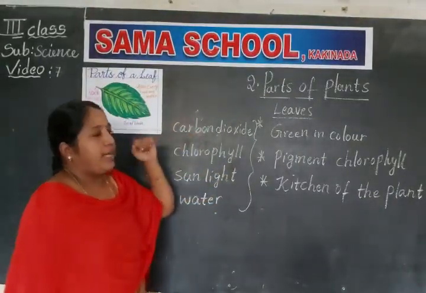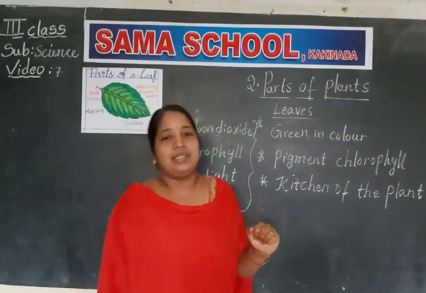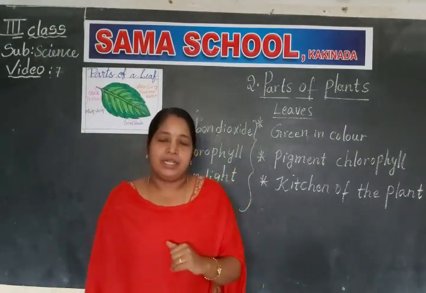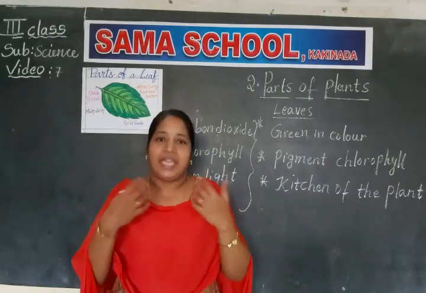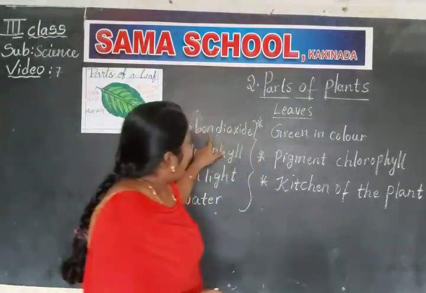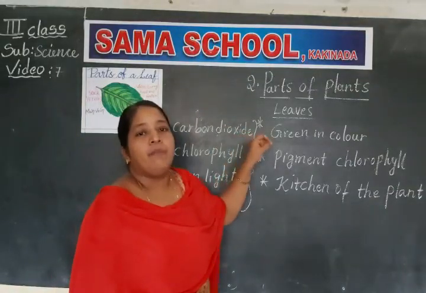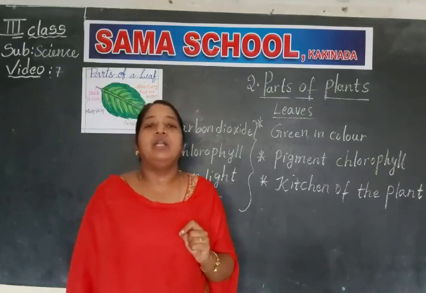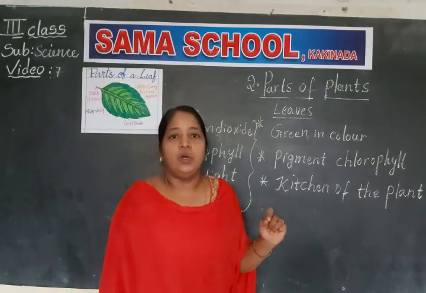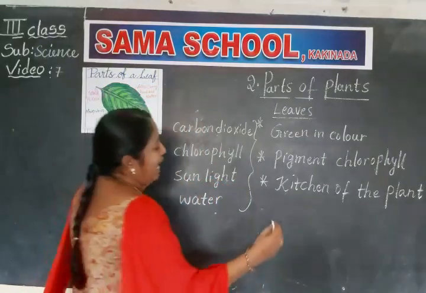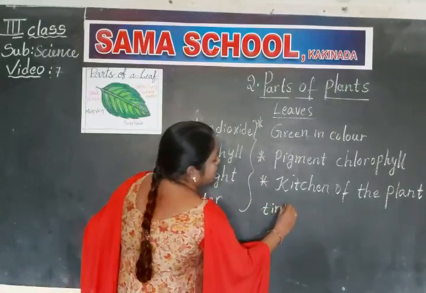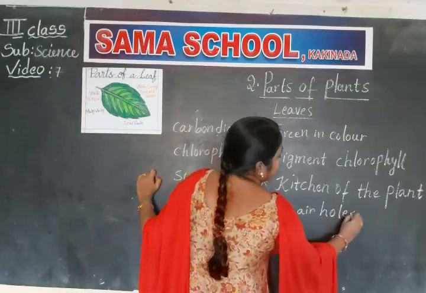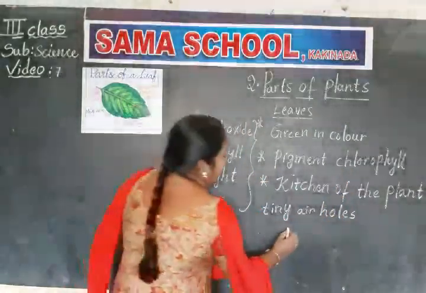So carbon dioxide. Already you have learned in the first lesson, living and non-living things, that all living things have different body parts to take in air. Plants have small pores or tiny air holes on the lower surface of the leaf. Those holes are called stomata.